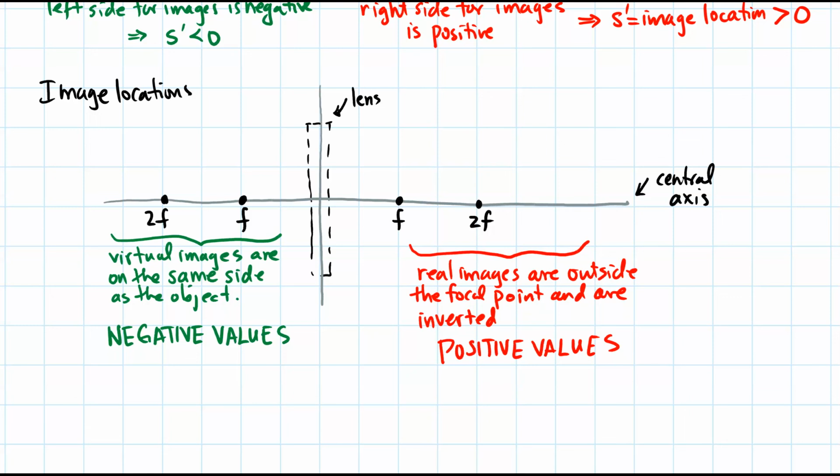These values are positive and these images are inverted. On the other hand, if I have a virtual image, it's going to be on the same side as the object, and these images will always be erect and their numerical values are negative.